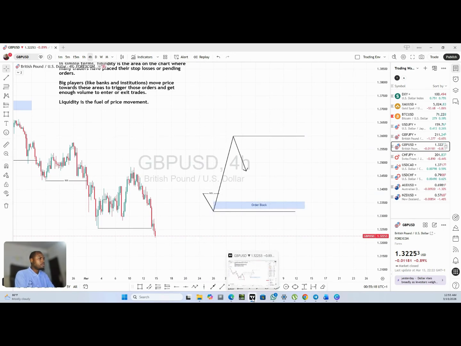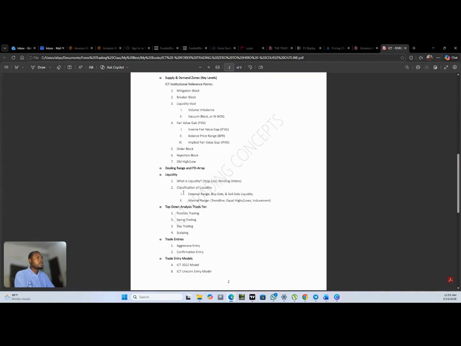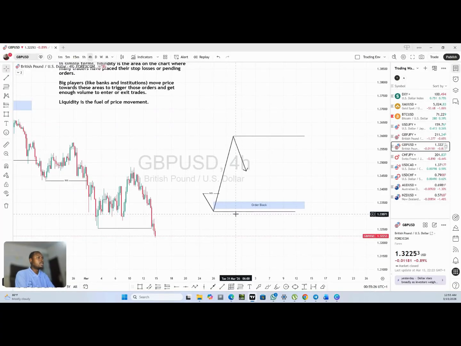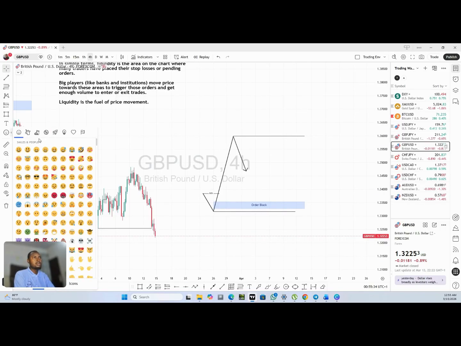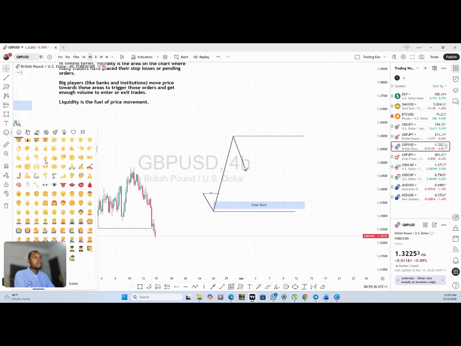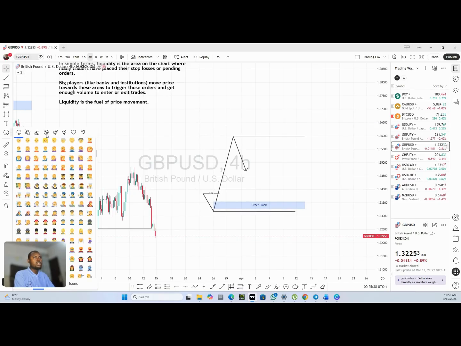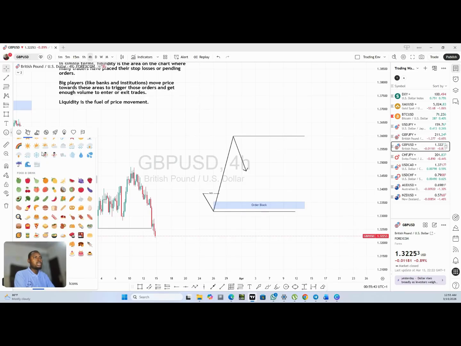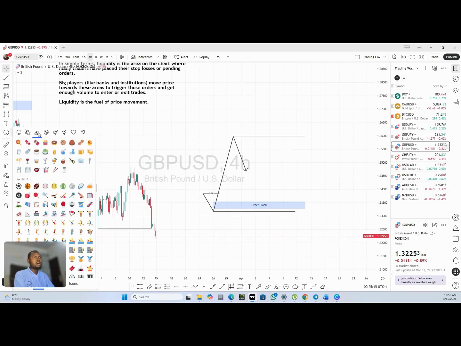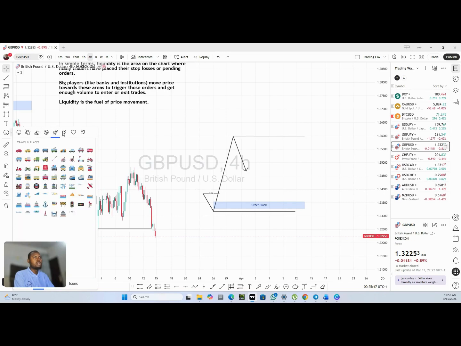External range liquidity is liquidity that we can find outside our dealing range. That means, let me see if I can get a money emoji here. I'm looking for the emoji for money. I do not get it.